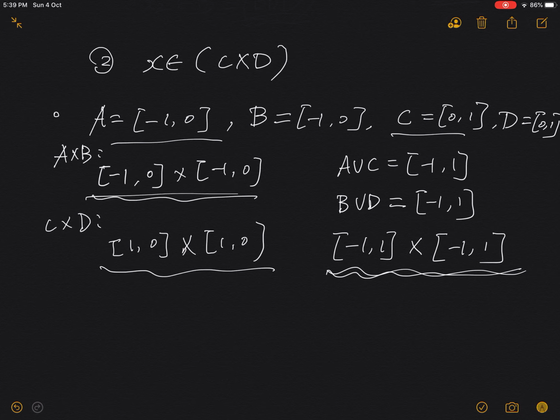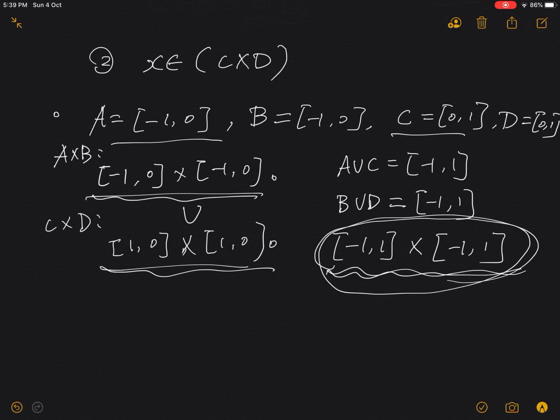We can see the union of these two doesn't equal to the right hand side here, such as if the x1 is chosen from -1 to 0, and then x2 chosen from 0 to 1.